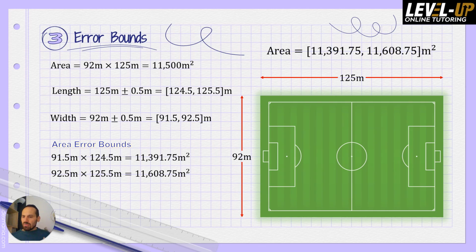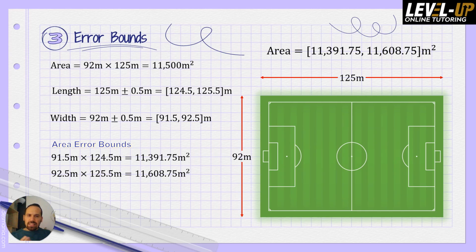So we got the value of 11,500, but due to the rounding, we can see that the true value could be anywhere within that range. Say we wanted to ensure that we have enough seed to grass this entire pitch, we could make sure we buy enough for that maximum value of 11,608, and that's how we could be definitely sure we've got the right amount.